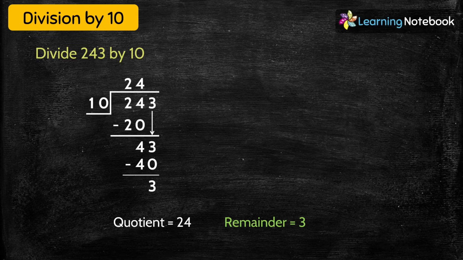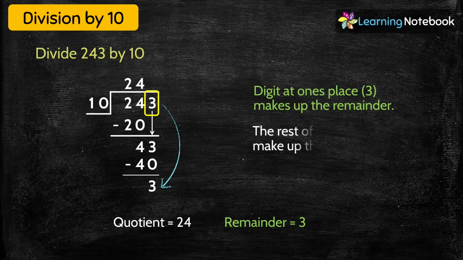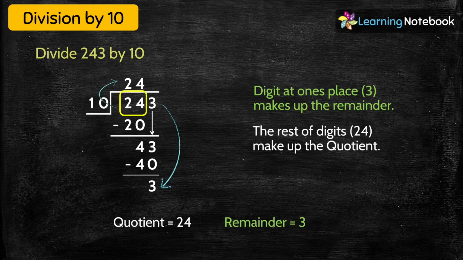So quotient equals 24 and remainder equals 3. So here also we observe that when a number is divided by 10, the digit at one's place, that is 3, makes up the remainder and the rest of the digits, that is 24, make up the quotient.